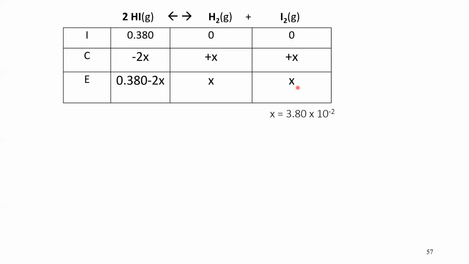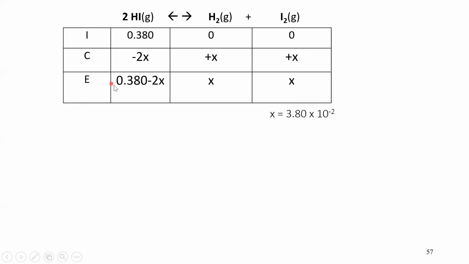Now, the question tells us that at equilibrium, iodine is 3.80 times 10 to the minus 2. So it's giving us X. So if we know X here, it's the same as here.